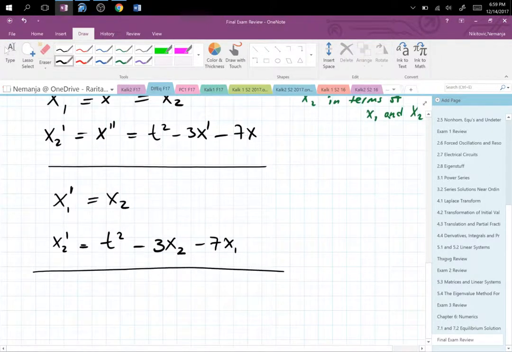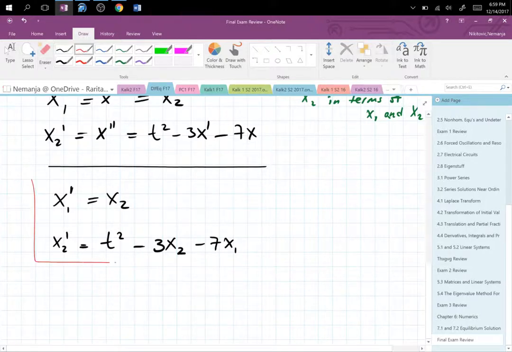So what is the system? The system is x1 prime is equal to x2, and then x2 prime is equal to negative 7x1 minus 3x2 plus t squared. You can leave it in that form, it's fine.